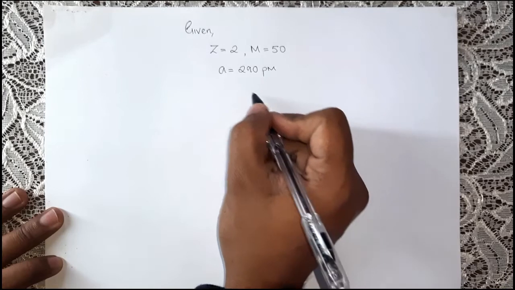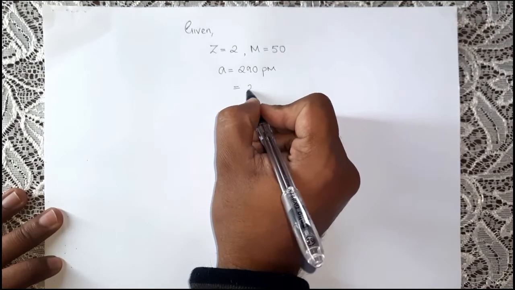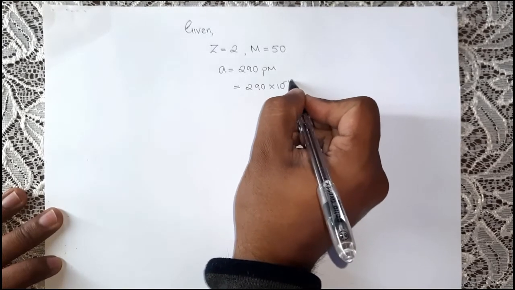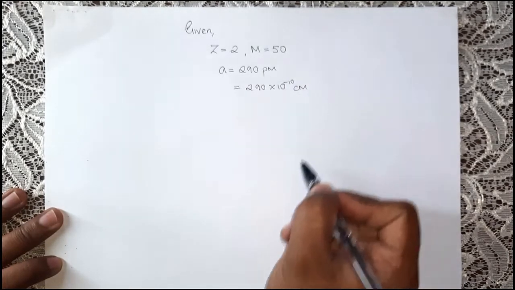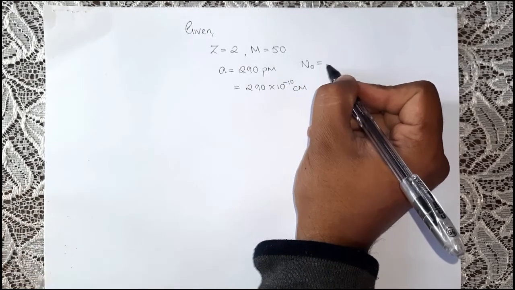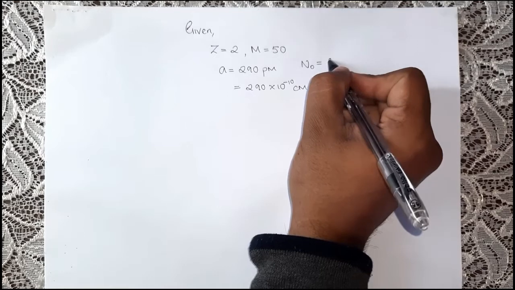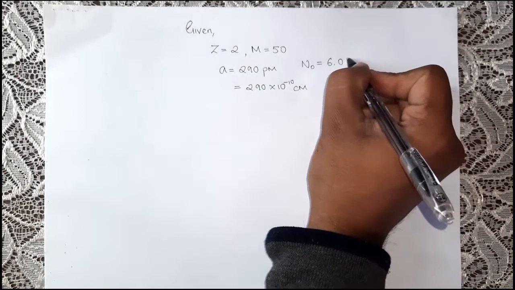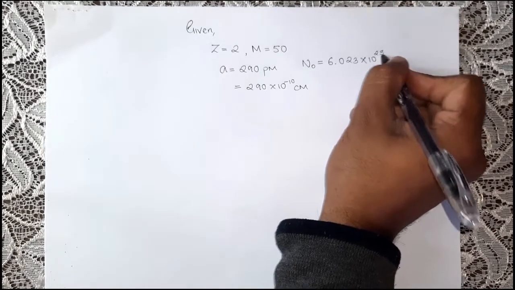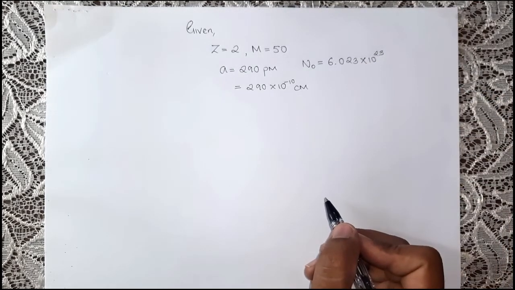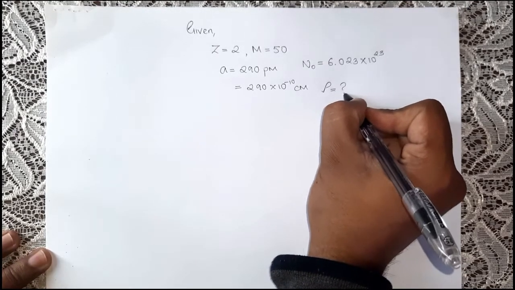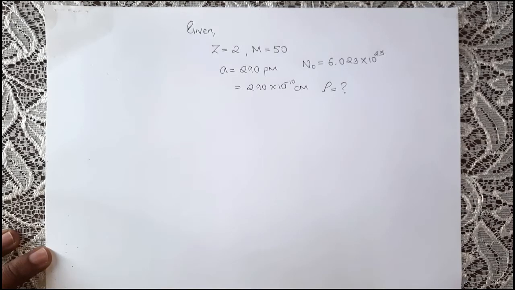This picometer we are supposed to convert into centimeter, so it will be 290 into 10 to the power minus 10 centimeter. And you have here Avogadro's number, which is 6.023 into 10 to the power 23. So you're supposed to calculate the density. These are the given from the question.